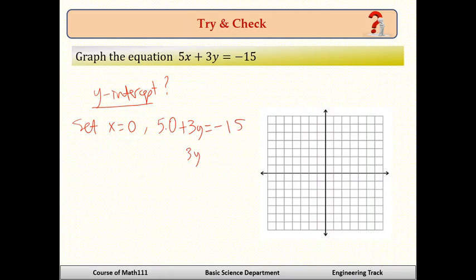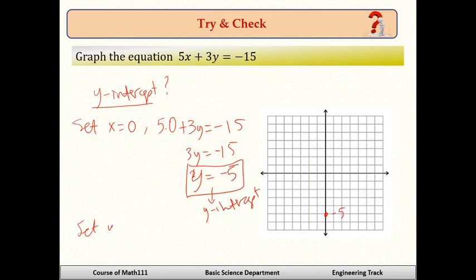This gives you 3y equal to negative 15, and y is equal to negative 5. So we know this y-intercept is negative 5, so minus 5 on the y-axis.